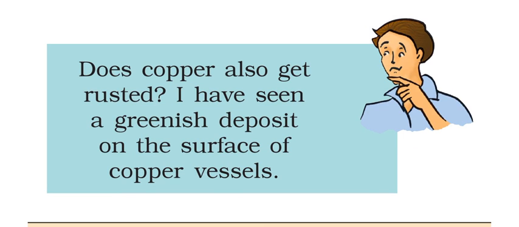Yes, it also gets rusted, or you can say it also gets corroded, because in your home, if there are copper vessels, copper utensils which are made up of copper, then you use them to store water, and if you look at the bottom of that vessel, you can see that the bottom has turned a greenish color, right? A green color coating will be formed at the bottom of these copper vessels.